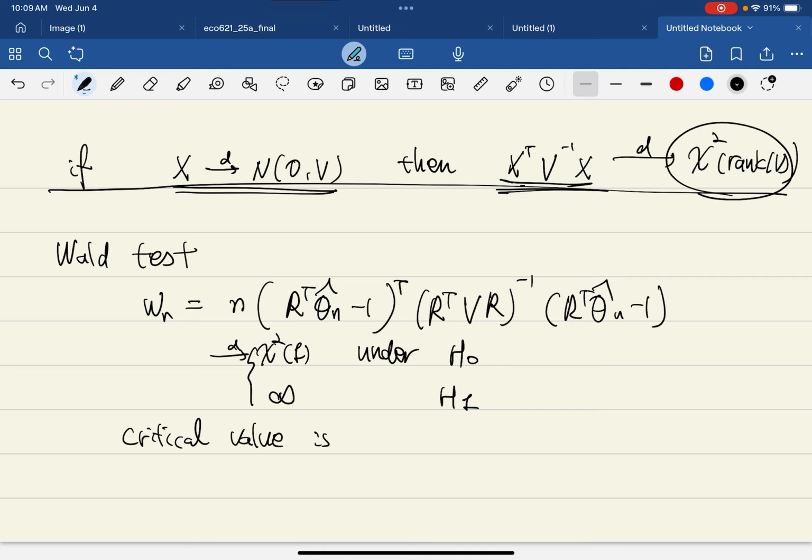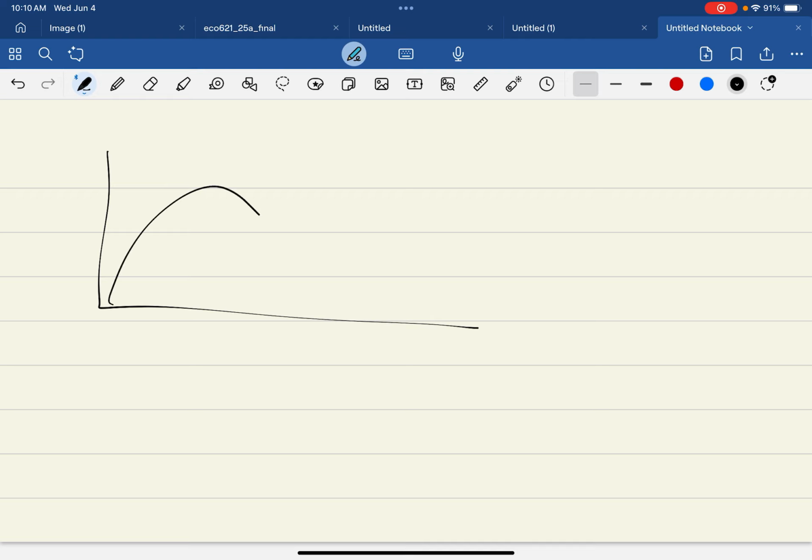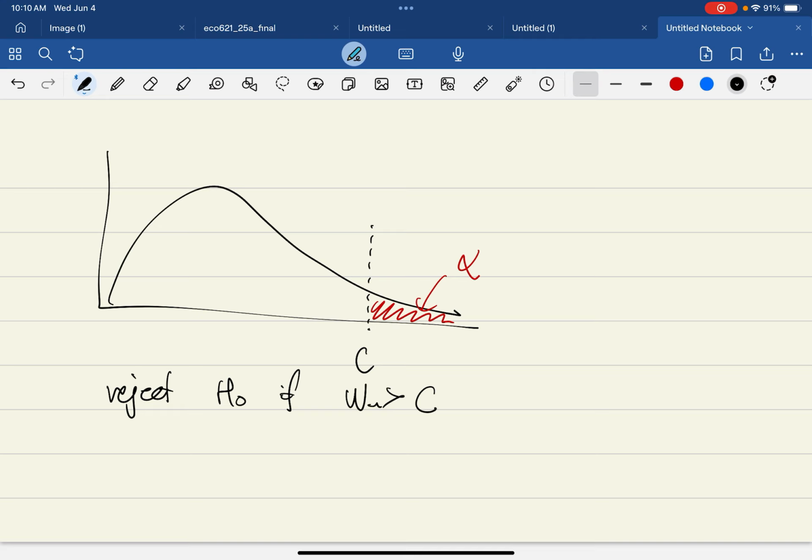is the 1 minus alpha quantile of chi-square 1. That is, the chi-square distribution will look like this, and we are going to set a critical value here so that this area is alpha, and we will reject H0 if Wn is greater than C. Okay.